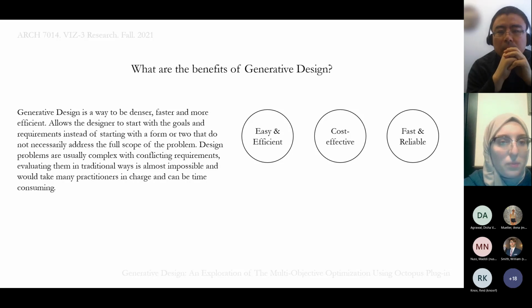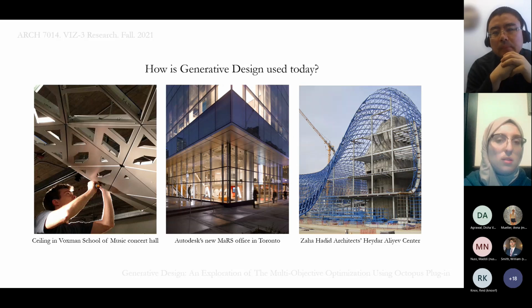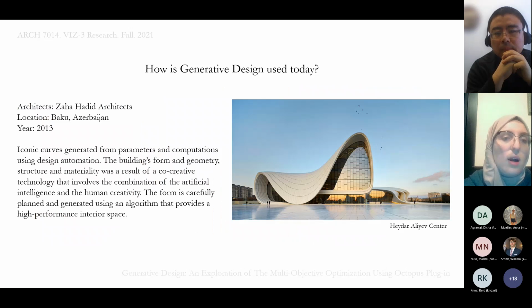And here I talked about 3 examples of how generative design is used today. It's used in many different fields, but these are 3 specific examples: the Zaha Hadid Architects Center, the Autodesk office building in Toronto, and the acoustical ceiling in the University of Iowa's Voxman School of Music Concert Hall. In these examples, I talked about how they use generative design to design the buildings.